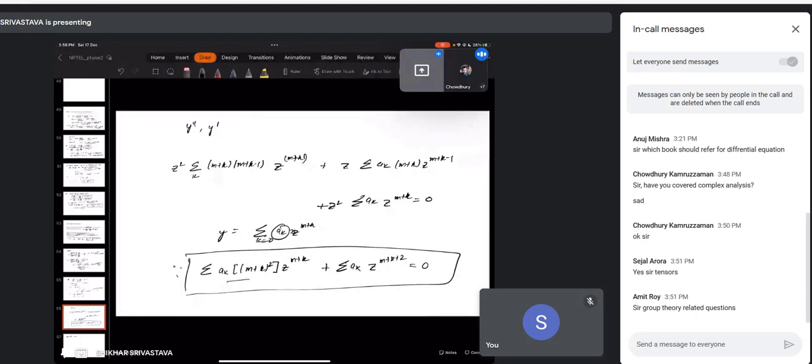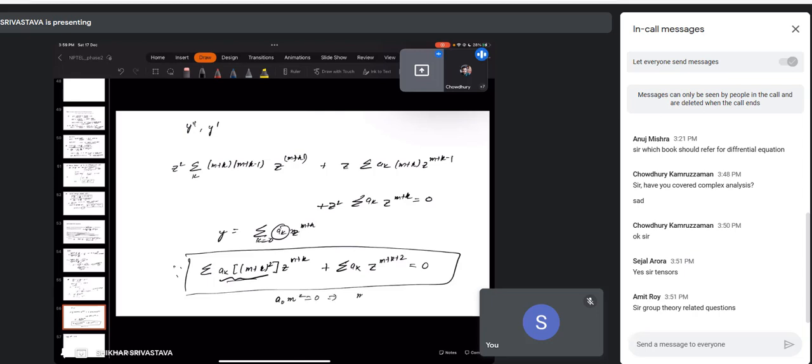Then equate this, because what you have to find is all the powers of z, starting from small to bigger powers. So when you put k is equal to 0, then you get z to the power m, and the coefficient you equate to 0. So you'll get a0 times m square is equal to 0, m square, sorry.